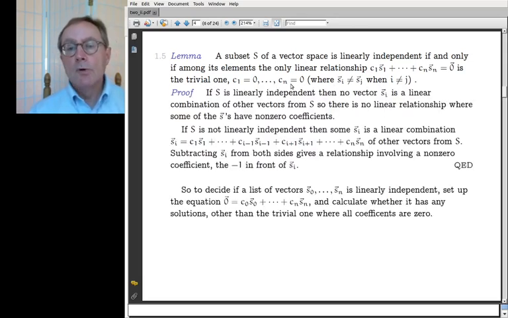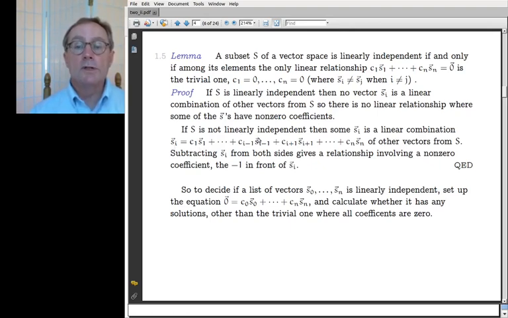Okay, now I gave a proof, but do we really need a proof? If S is linearly independent, then there's no linear relationship where some of the S's have non-zero coefficients, because otherwise you could move everything to one side of the equation and get that Si all by itself and you'd have a combination. And vice versa here. If S is not independent, then you have Si is some combination of the others.